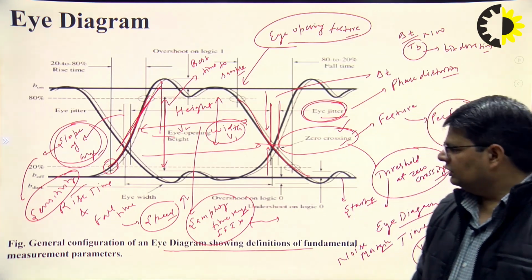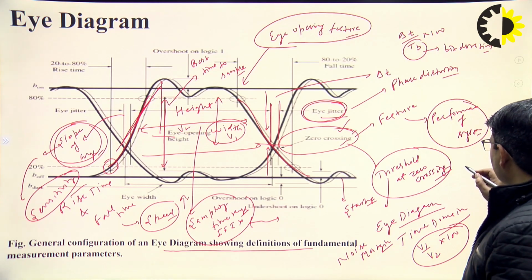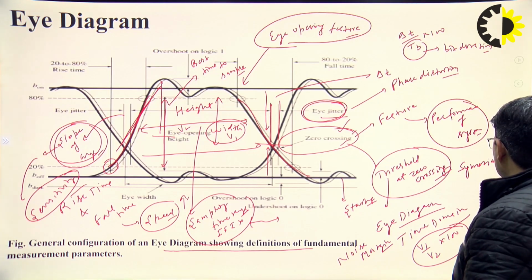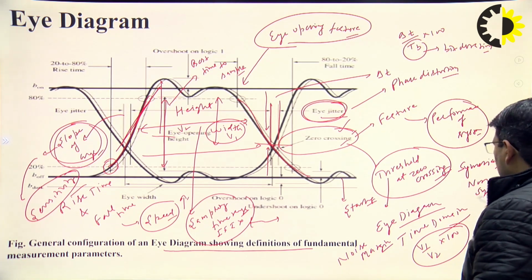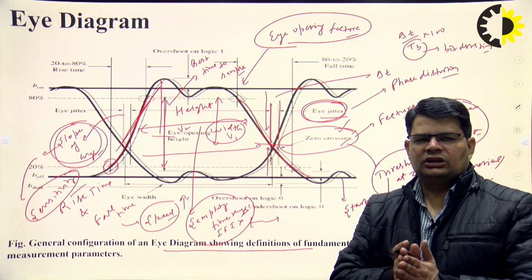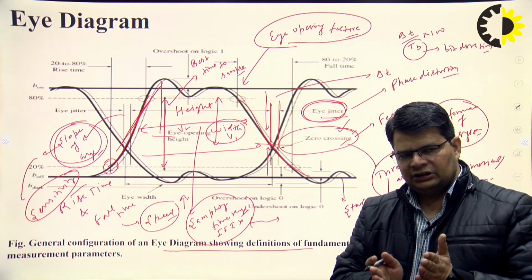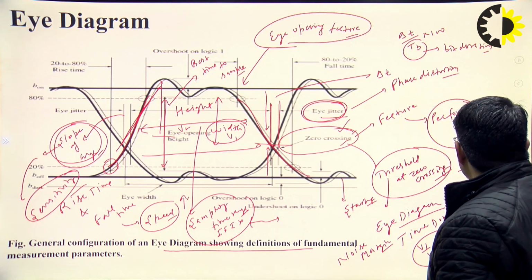Another feature that can be used is whether the eye diagram is symmetrical or non-symmetrical. If the eye diagram or eye pattern is uniformly distributed, it is symmetrical in nature, then the system is basically a linear system.